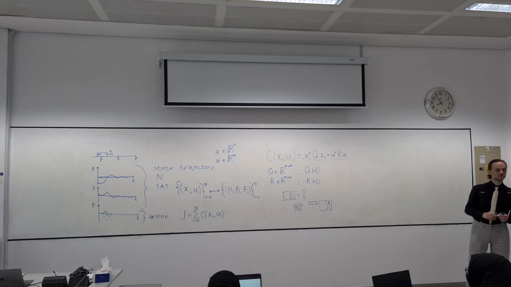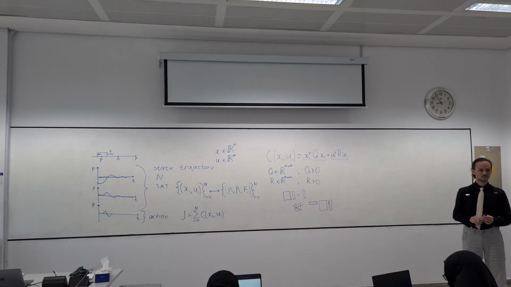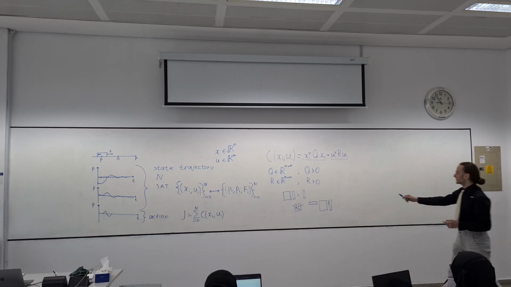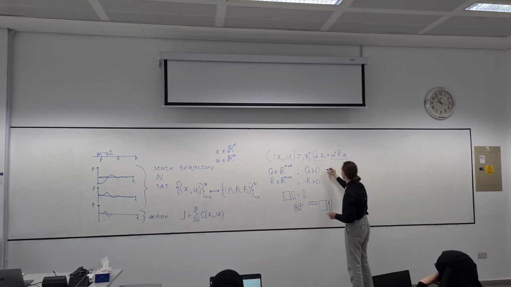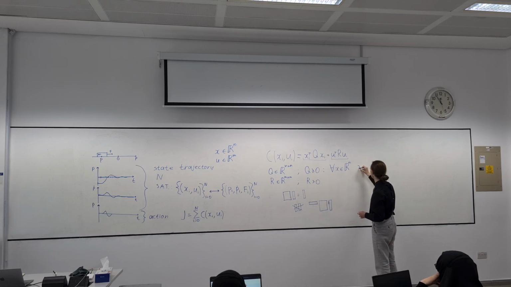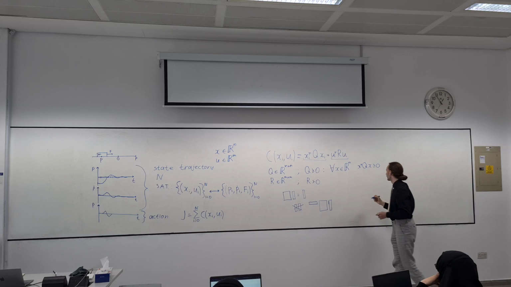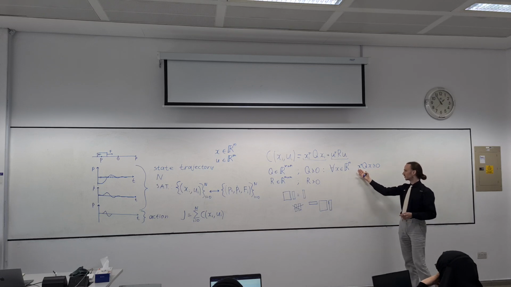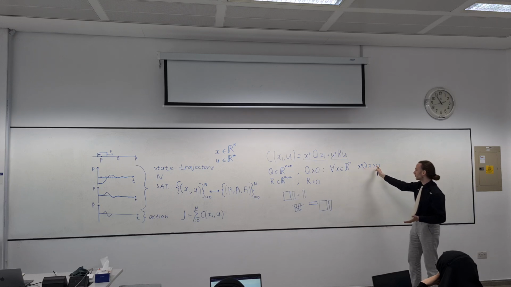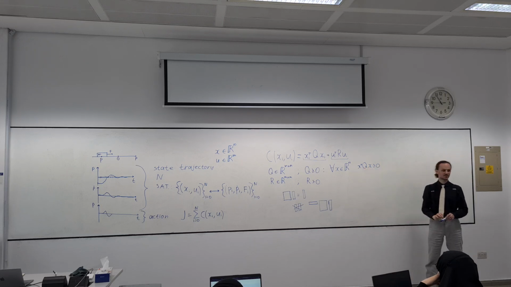Yes, you mentioned that Q and R are semi-definite. What does it mean? Positive semi-definite means that for any vector, its square in terms of the Q matrix will be not smaller than 0.